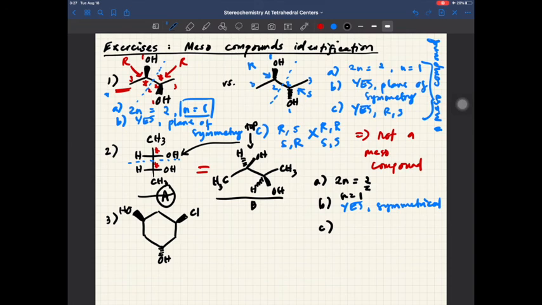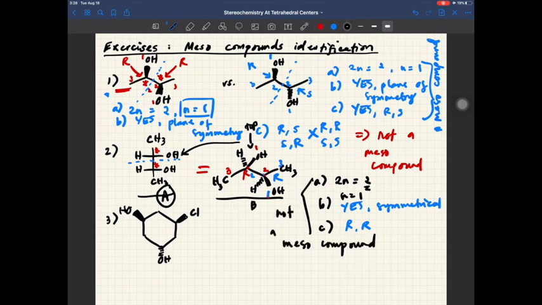Let's examine. For the first carbon, you have 1, 2, and 3. So this one is R. And for this carbon, on the other hand, you have 1, 2, and 3. You also have R. So you have RR here. Basically, this one is not a meso compound.